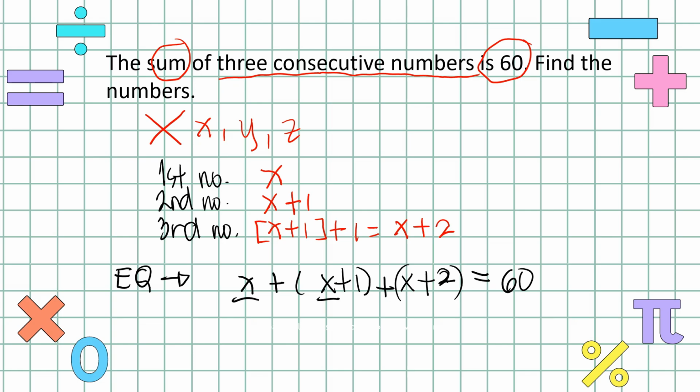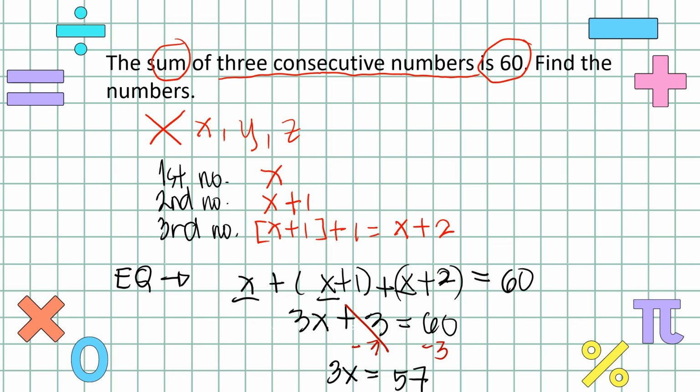Simplifying this, we have three x's here, so 3x, plus 1 plus 2 is 3, equals 60. Let's subtract 3 from both sides, or add the negative 3, so we have 3x equal to 57.